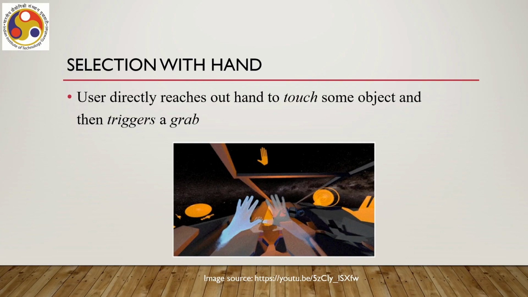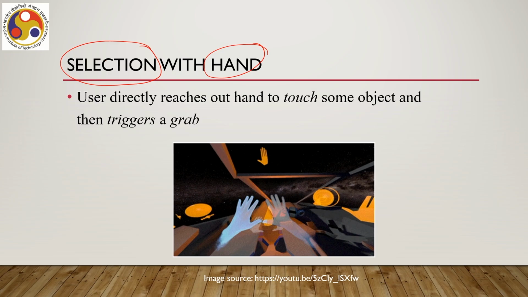So, what is hand selection technique and what are the different techniques under this category of selection? Let us go through those techniques. As the name suggests, when we say hand selection techniques, essentially it means selection of virtual objects in the virtual world with the hand. Whenever we are selecting something with our hand, that falls under this category.